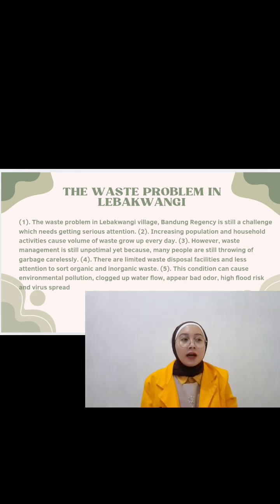Okay, before I explain about structure, I want to read the text. The Worst Problem in Lebakwangi. The worst problem in Lebakwangi village, Bandung Regency, is still a challenge which needs serious attention. Increasing population and household activities cause the volume of waste to grow every day.